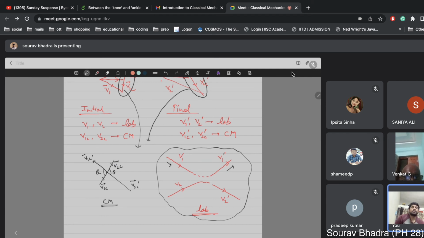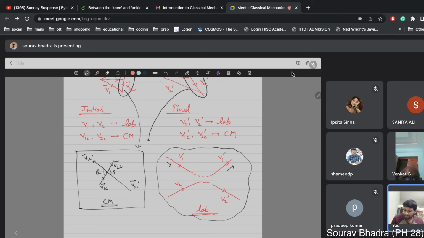But in the center of mass frame we can say that my two velocities will just be rotated by an angle theta, and it is very simple to deal with this type of collision problem in the center of mass coordinates, because here it is just a rotation of the velocity vectors, nothing more than this. Whereas in the lab frame there are many things, and it is not so simple. So this is the main advantage of using the center of mass frame while calculating the collisions.